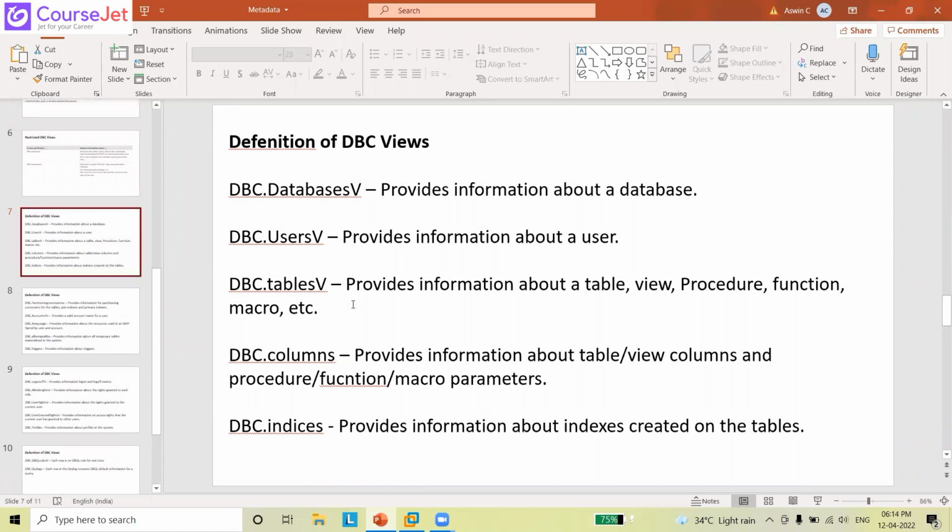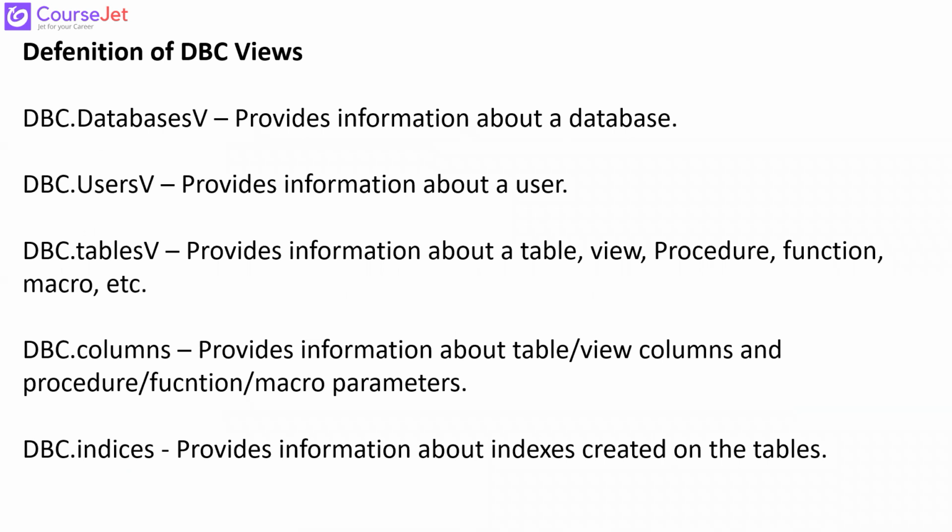Yeah, so this was the metadata thing which we are seeing, right? Just to revise, dbc.databases contains the information about the databases, and dbc.users about the users, whether it's logged or not, what is the last time the user logged in, those kind of details.